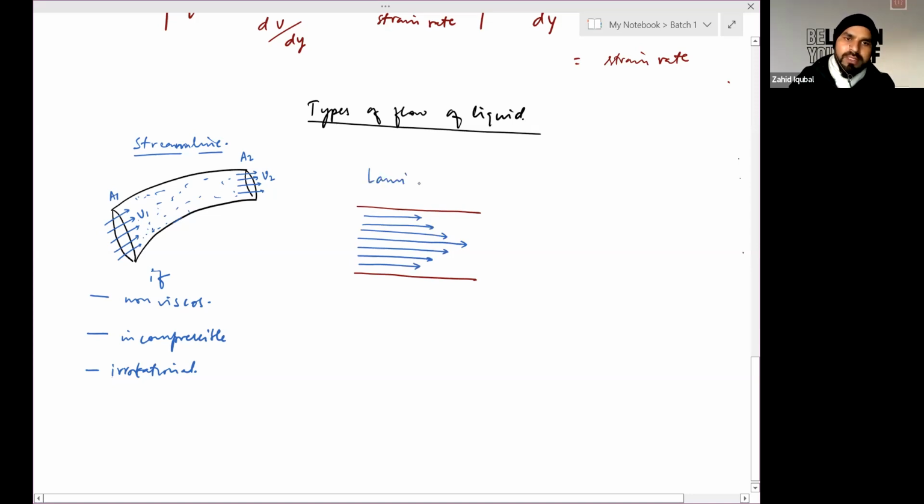This flow of liquid is called laminar flow. In this part, there will be viscous force as well as opposition due to the wall of the tube.